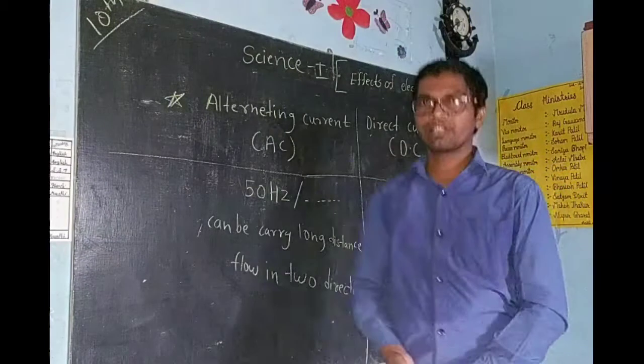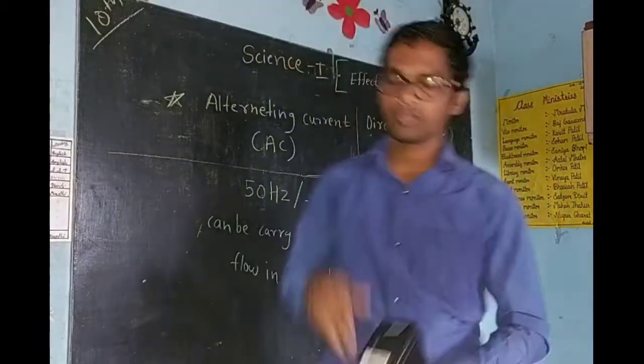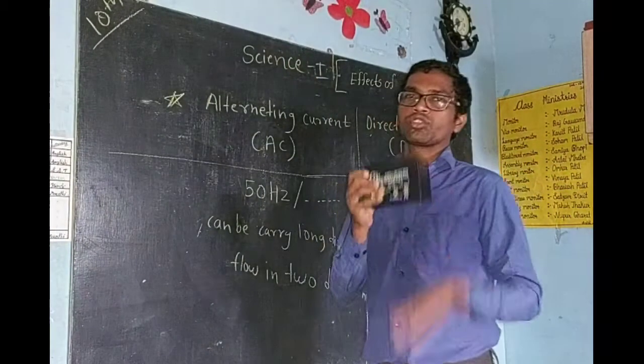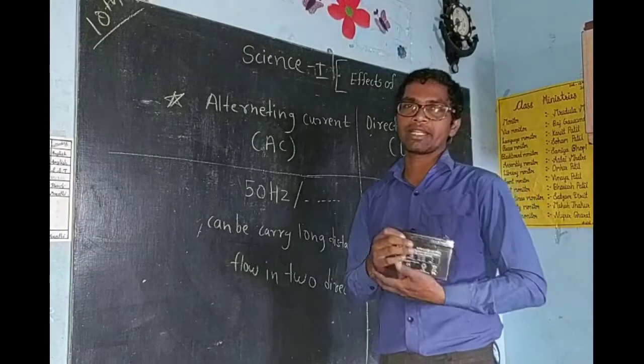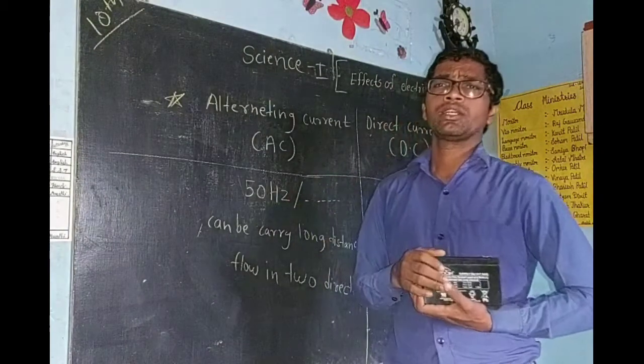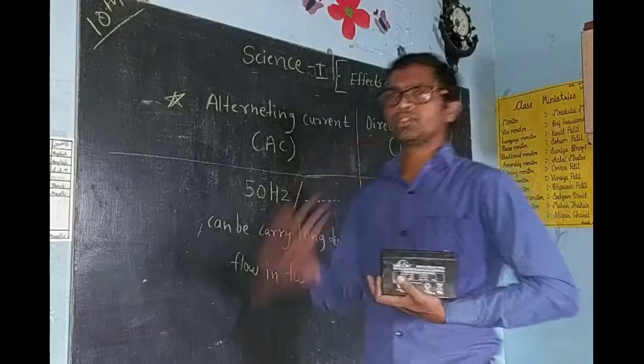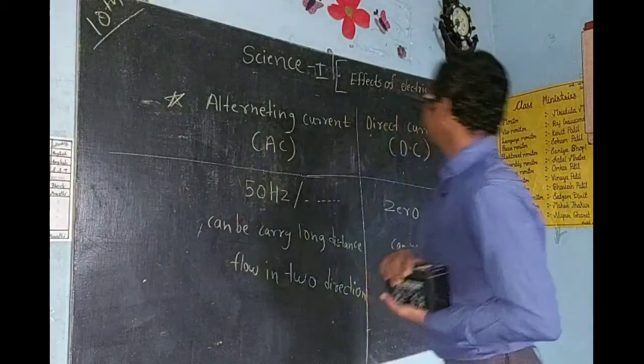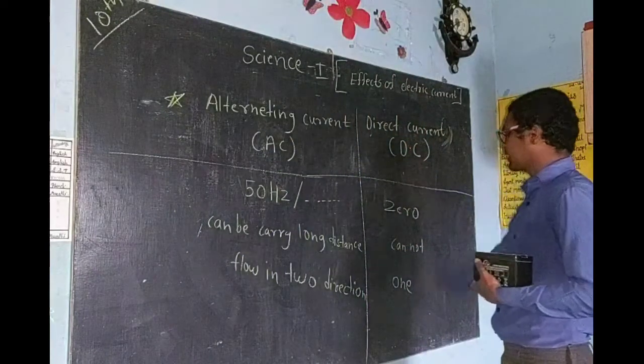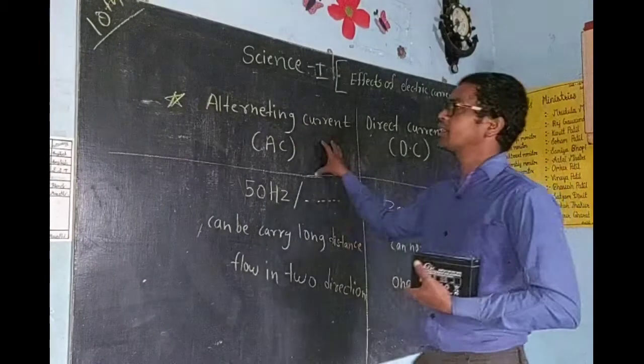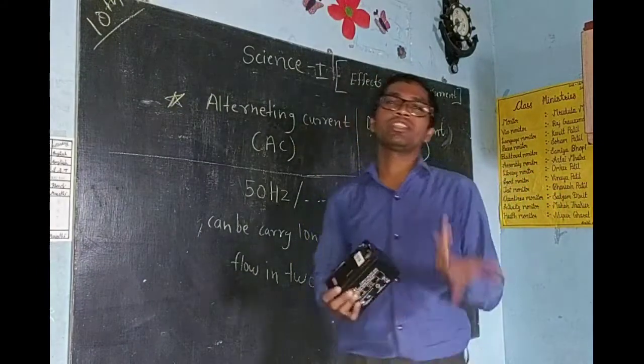Now another thing I will show you. This is a battery. Most batteries, your mobile batteries and all batteries that charge, store direct current. Alternating current we cannot store because it is already fluctuating.